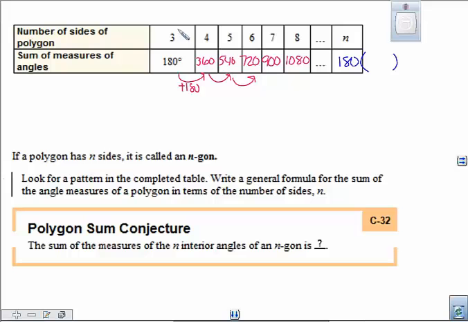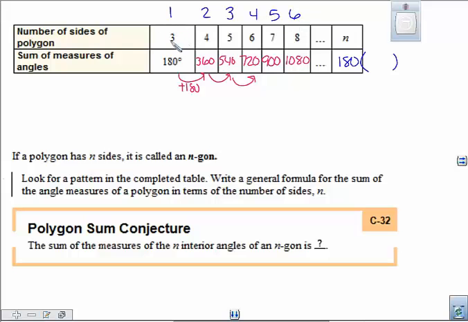This is our first figure. It's 3-sided. So it's not 3 times 180, because that doesn't give us 180. What times 180 is going to give us 180? It's just 1. What times 180 is going to give us 360? It's just 2. What times 180 will give us 540? 3. And notice we're just increasing by 1 each time.